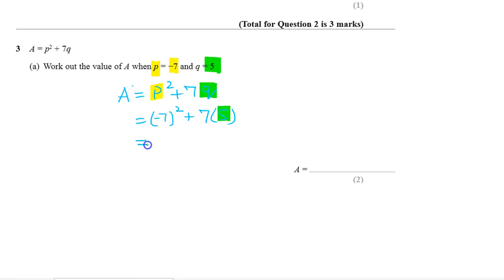So this will be negative 7 square is 49 plus 7 times 5 is 35. So the answer will be 84.